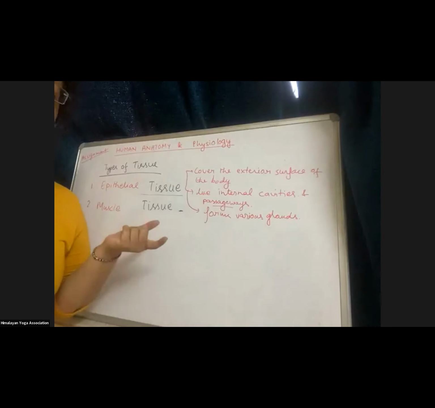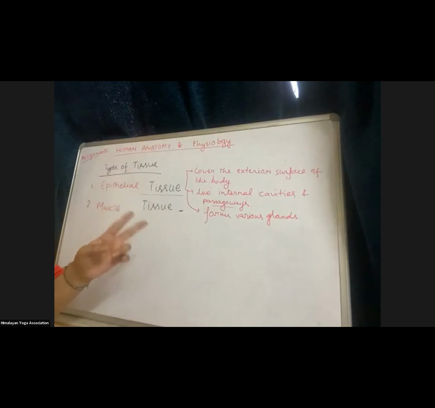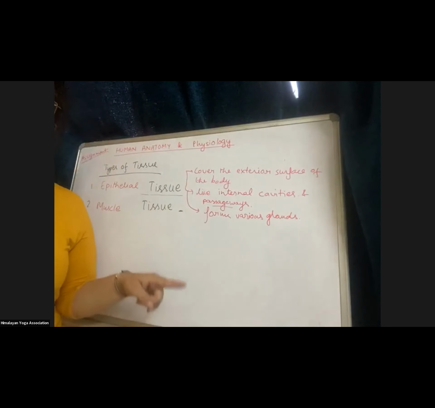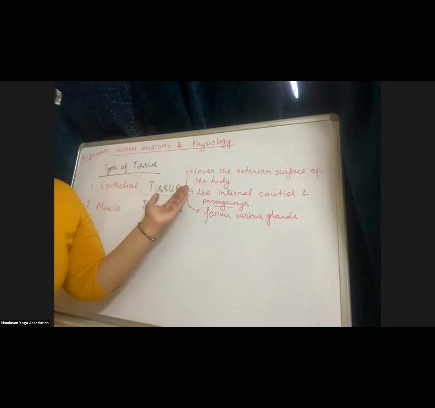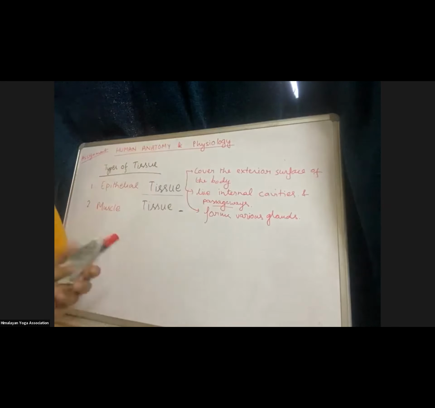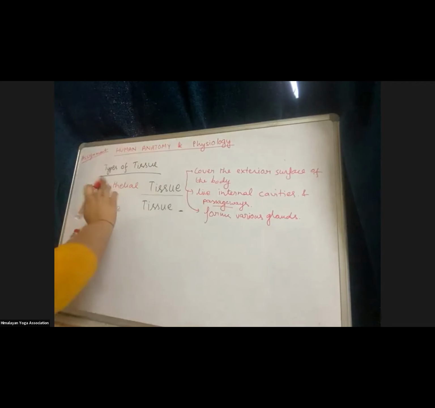Connective tissues are those connecting two things, like two bones, or two muscles, or muscle and bone. Then nervous tissues are those passing the electrochemical signals. Then we have epithelial tissues. Epithelial tissues are actually the surface. Wherever you see a surface or a lining, that is epithelial tissue.